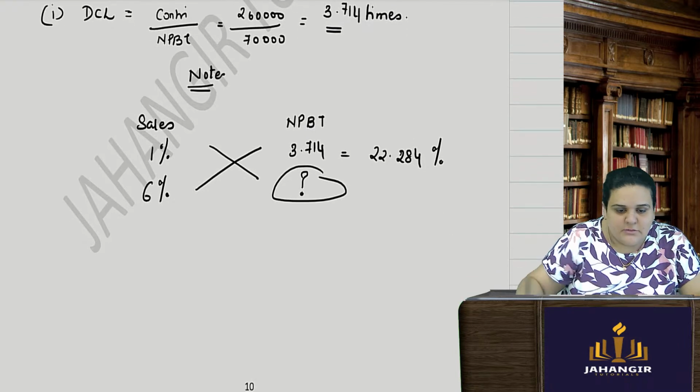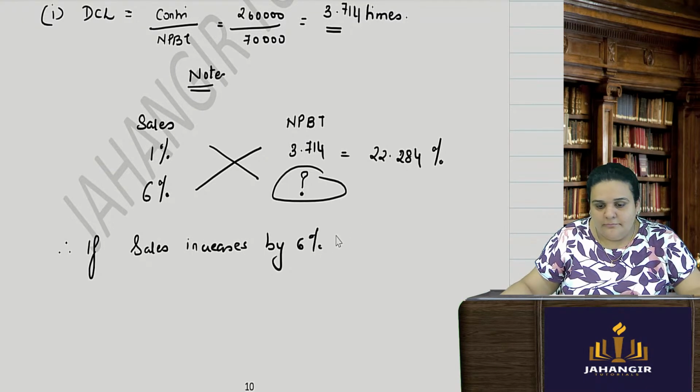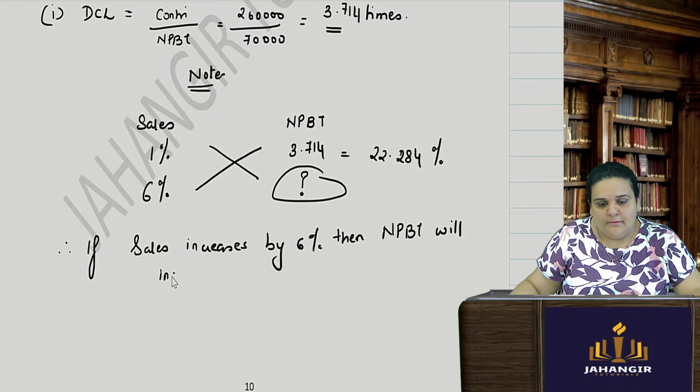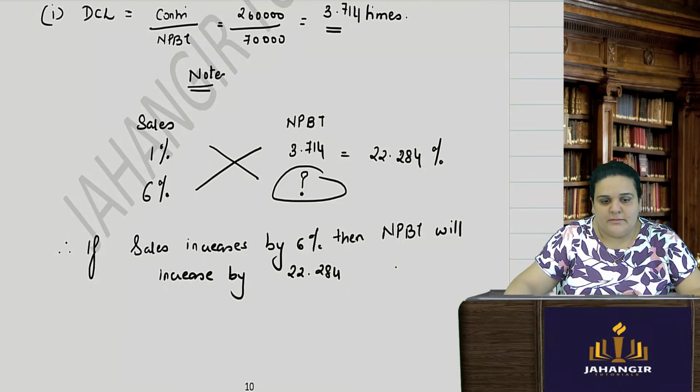So I'm just writing this note that, therefore, if sales increases by 6%, then taxable income, net profit before tax, will increase by 22.284 times, sorry, not times, percentage.